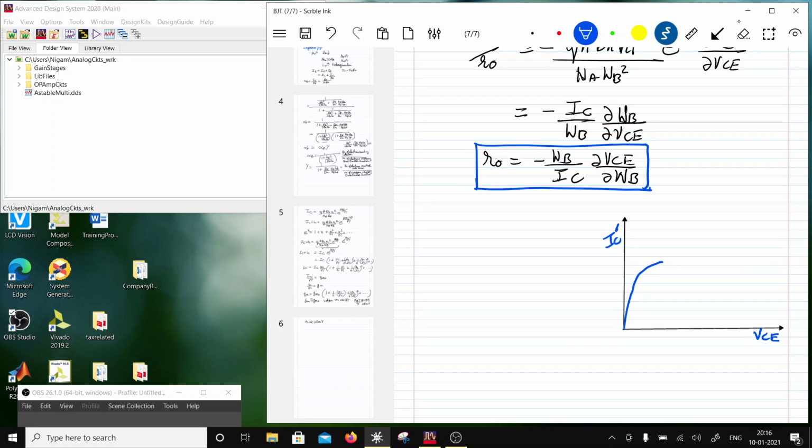So this, let's say, is doing this, and then there is another curve which has a slightly lower slope, and so this is a function of IC. So they are for different VBE.